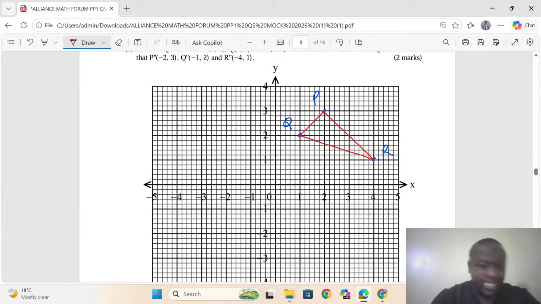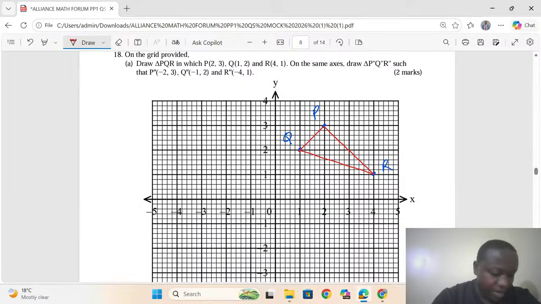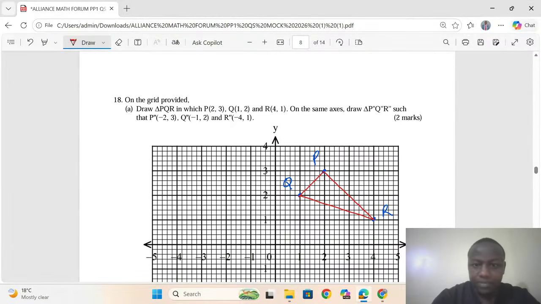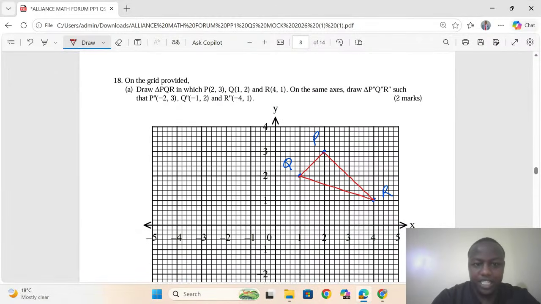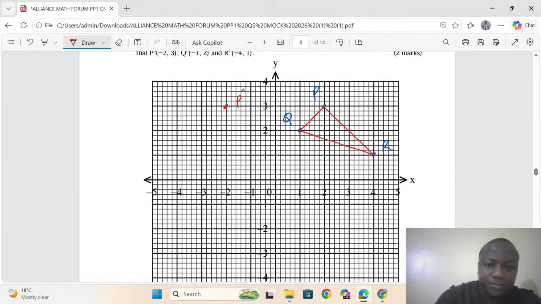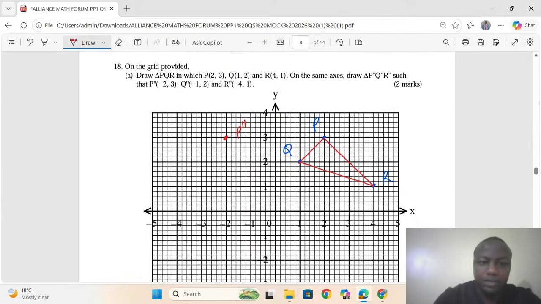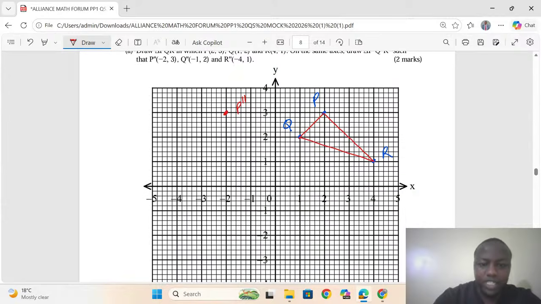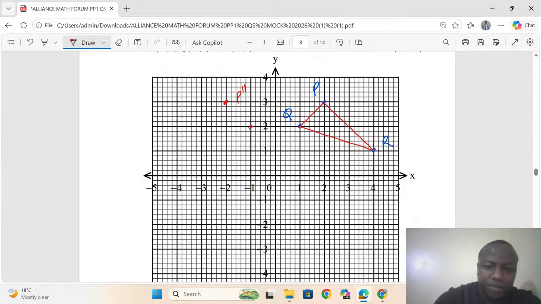We can check the second one. We already have the coordinates. The coordinates are -2, 3. -2 is here and 3 is here. So that's our P double prime. Then -1, 2 is here.